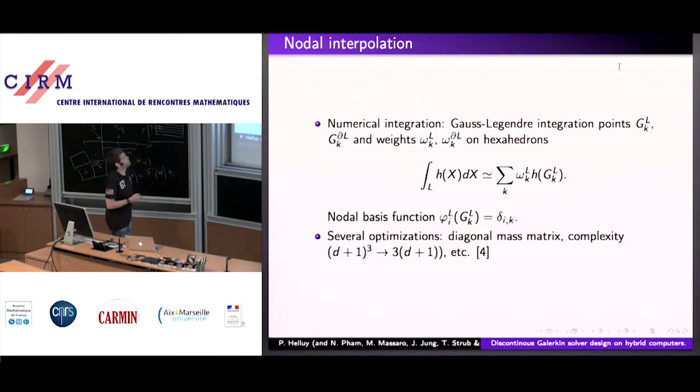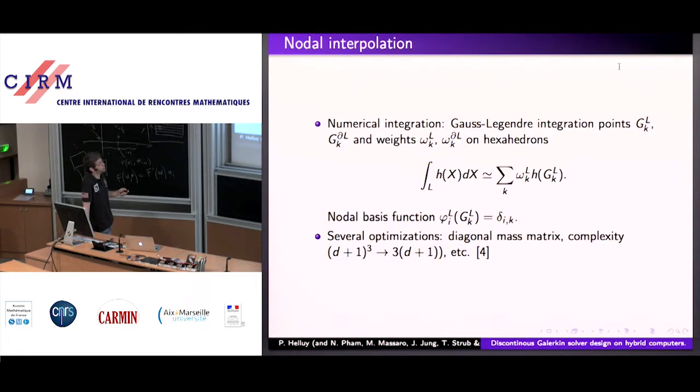Okay. Then there are several other tricks. For the numerical integration, we use Gauss-Legendre integration for the moment, so we approximate integrals by numerical integration. And a nice trick that has been proposed by Estevan is to use basis functions that are associated to the value of the unknowns at the Gauss points.